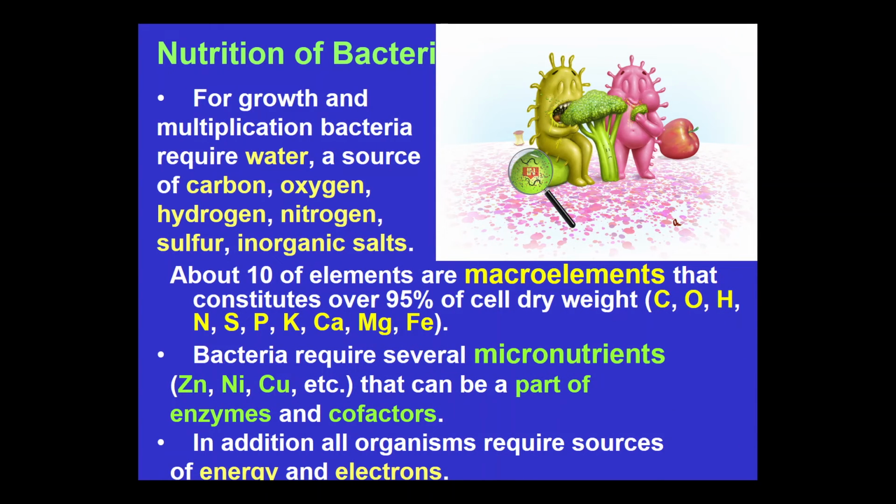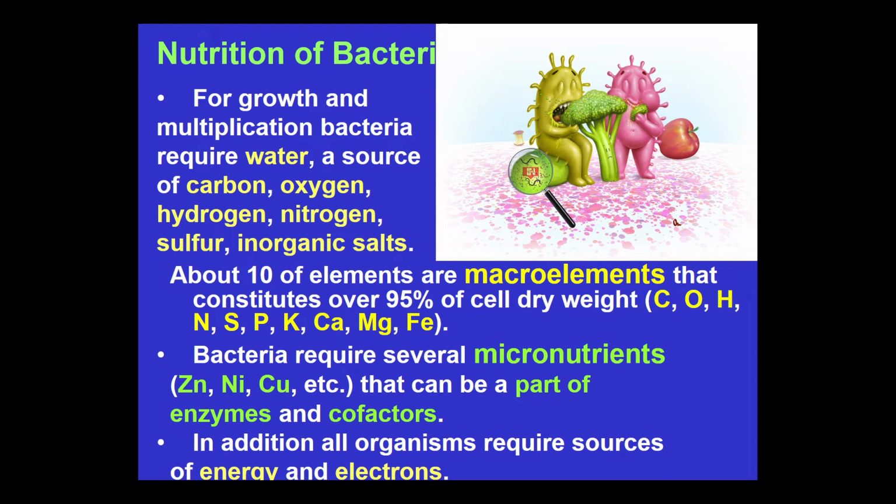So now a few words about the nutrition of bacteria and how we manage to culture bacteria in the laboratory. So, of course, for growth and multiplication of bacteria, we need a lot of things. But mainly, we need what we need for any living thing growing in the world, right? So we need water.